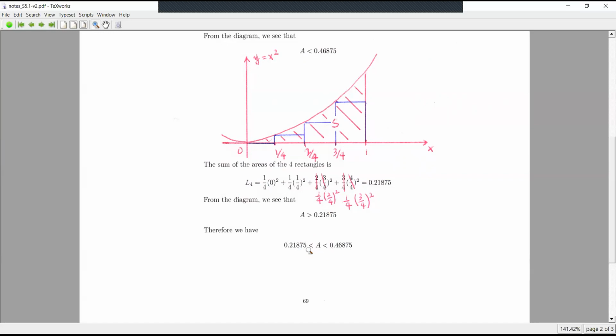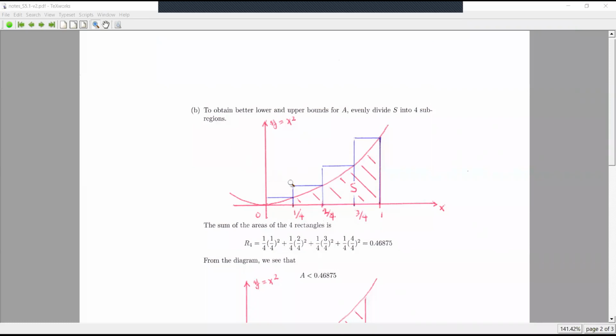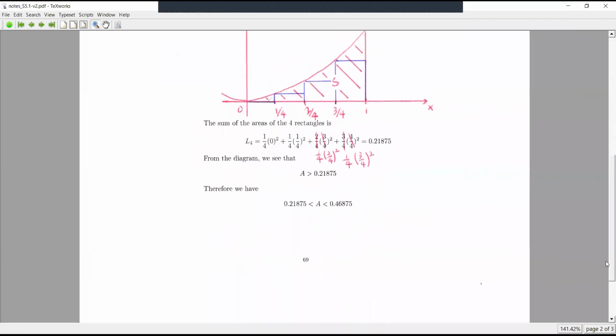Now, in the following, I continue to improve the upper bound and the lower bound. In step 2, I use 4 rectangles to approximate the region S, and I got the area of the region lies between these 2 numbers.